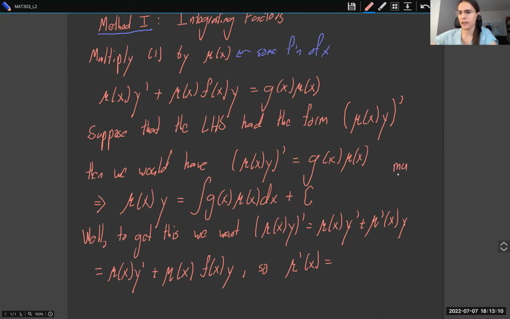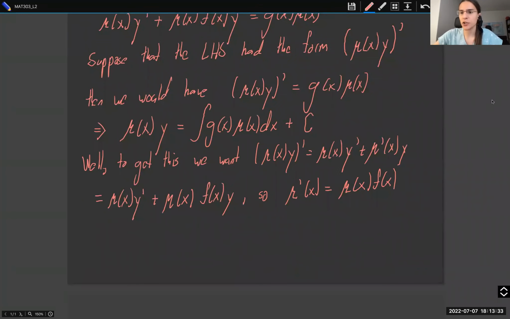It's a Greek letter. So for your information. But yeah, you're exactly right. We want mu prime to equal mu of x f of x, because everything else is the same here. The only difference is that here we have a mu prime, here we have a mu f, right? Well, if you look at this and you consider this as an equation on mu, then what kind of equation is it?